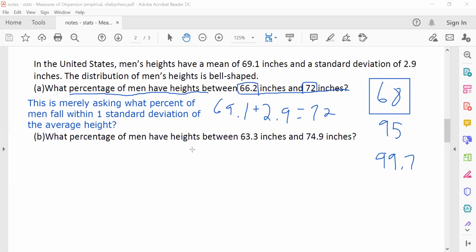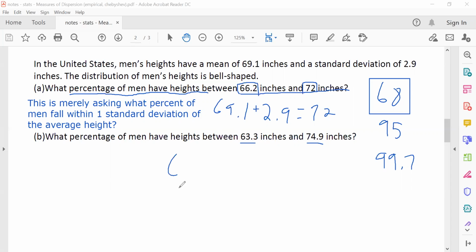Okay. What percentage of men have heights between 63.3 inches and 74.9 inches? Well, look at this number closely, see if it's just so many standard deviations from the mean. And it is.